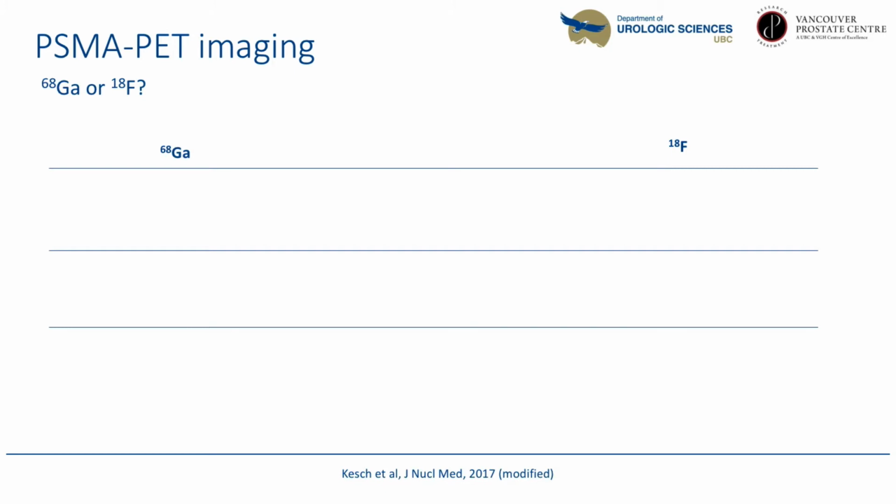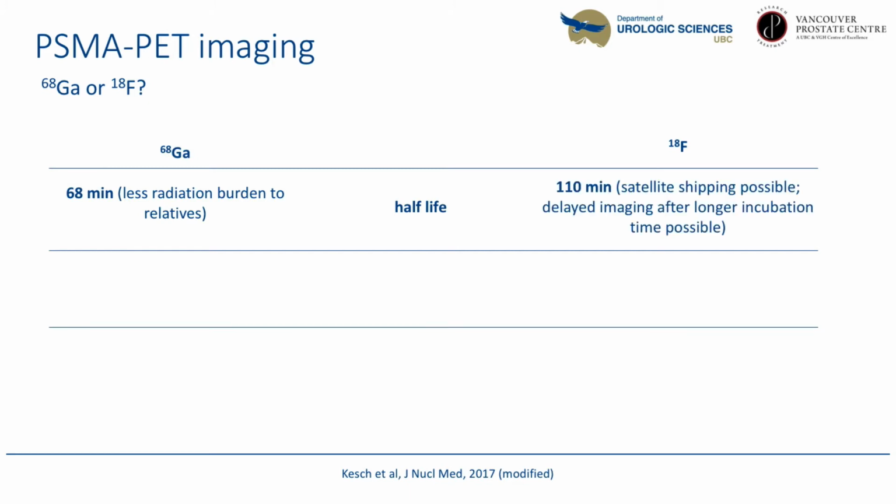Gallium has been the one that's been out there longer. However, fluorine-18 actually has some favorable characteristics. One of them is the half-life. Gallium has a half-life of 68 minutes, which means a little bit less radiation burden. However, fluorine, with a half-life of 110 minutes, basically allows shipping to satellite centers and even delayed imaging.